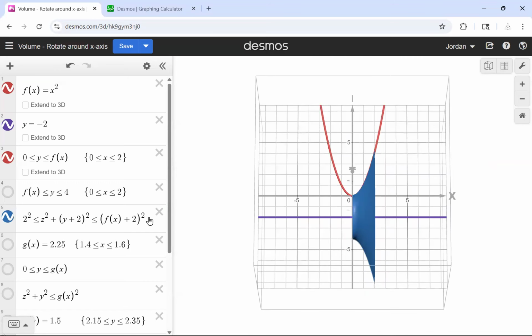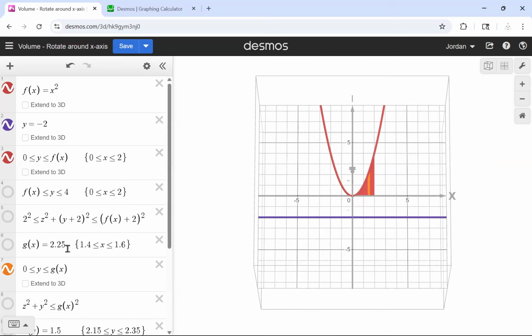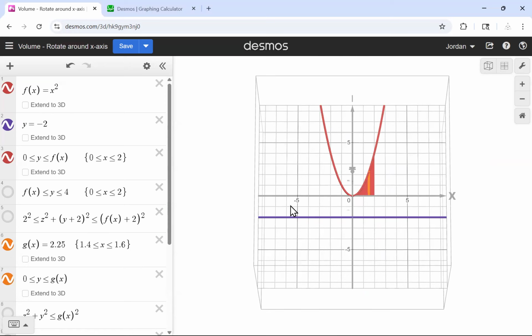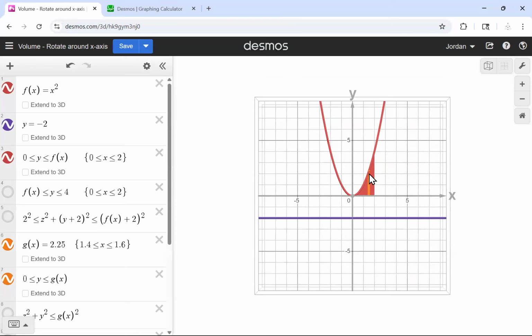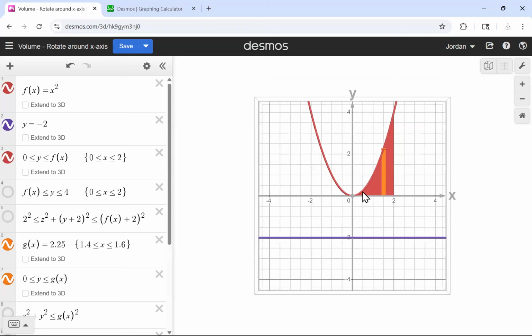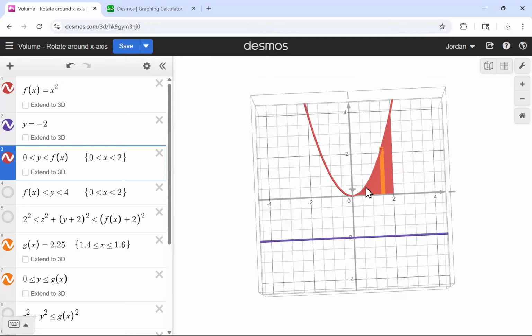Now, each one of those rectangles that we started with now becomes a big disk. So let me draw at least part of that disk.